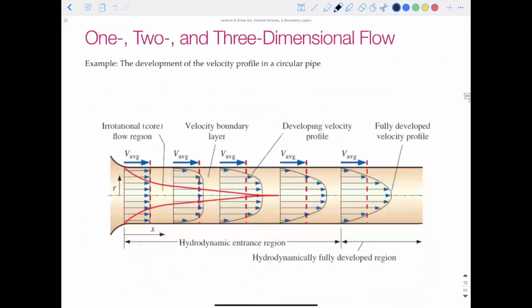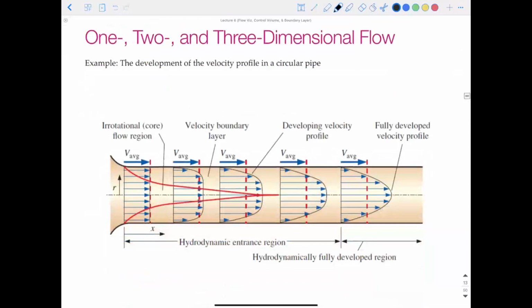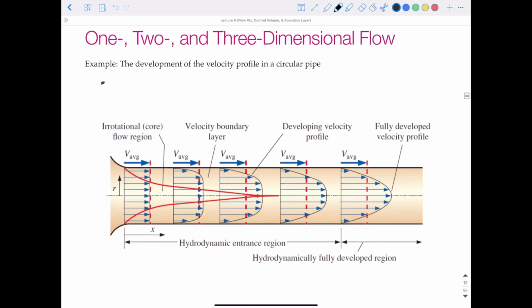So let's look at an example now where we have the development of the velocity profile in a circular pipe. So the flow is two-dimensional at the entrance region, where the velocity is a function of r and z. So r is just the radial distance from the center line of that pipe, and z is the distance along that pipe.